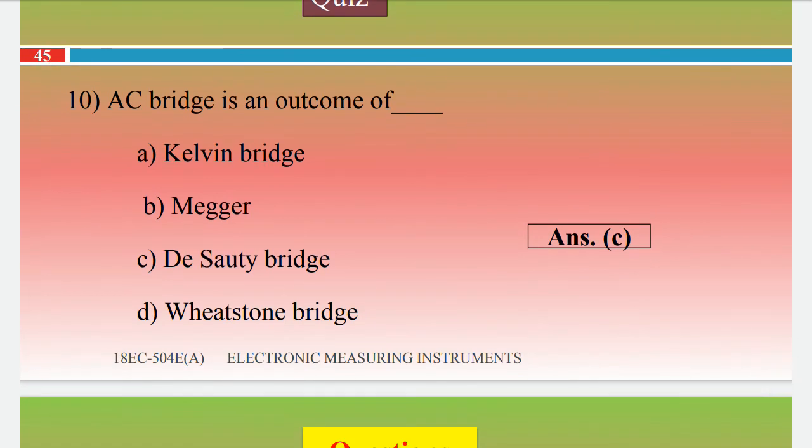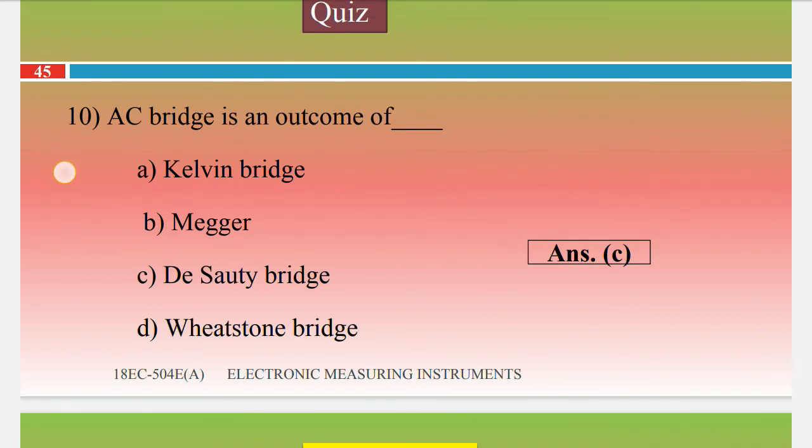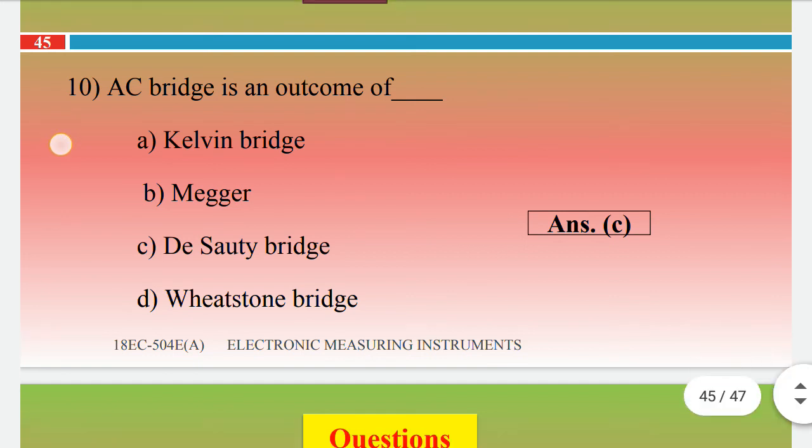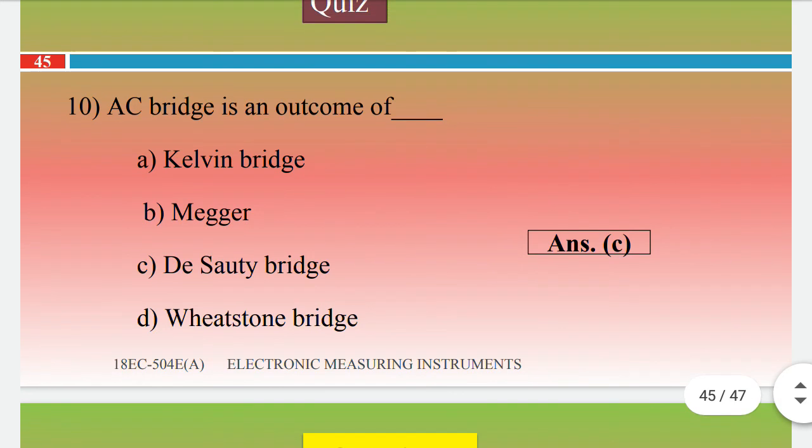And next the question is, AC bridge is an outcome of dash. A Kelvin bridge, B Megger, C de Sauty bridge, D Wheatstone bridge. Kelvin bridge is only used for the measurement of low resistance, and Megger is for the measurement of very high resistance, and de Sauty bridge is useful for capacitance measurement.